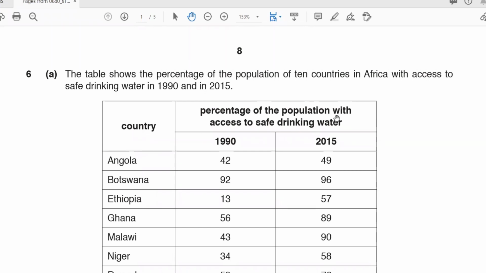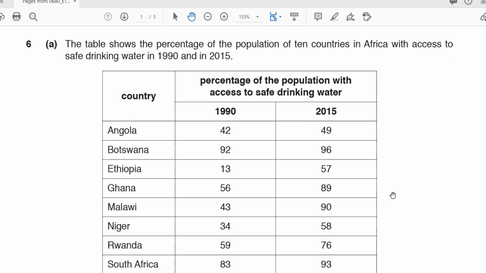The table shows the percentage of population of 10 countries in Africa with access to safe drinking water in 1990 and in 2015.